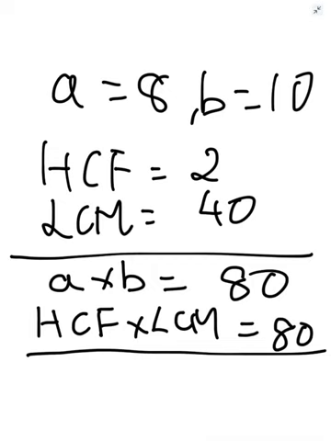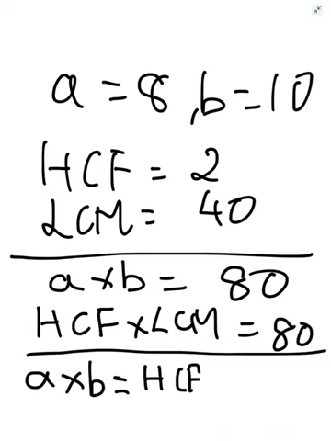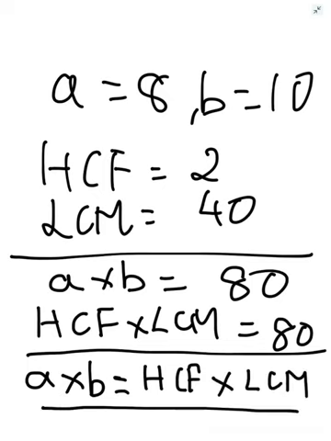Means both are equal. So the conclusion from this is, if we take two positive numbers A and B, their product and the product of their HCF and LCM is always equal. This is valid for two positive numbers A and B.